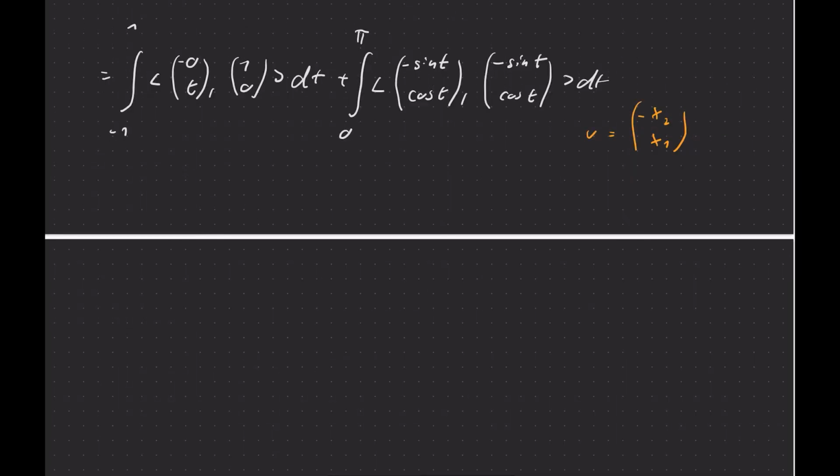And now we're down to just simple one-dimensional integration, basically. So that first scalar product is 0. Not much to integrate there. And the second one, that yields sine squared of t plus cosine squared of t dt.